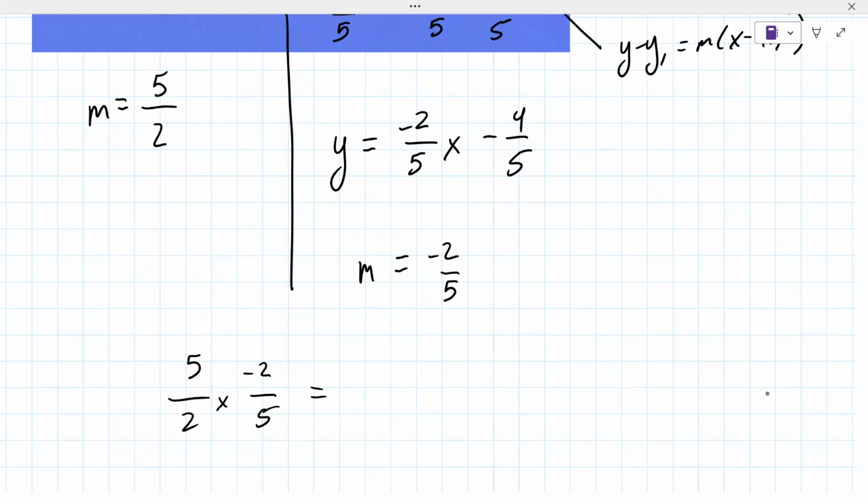Let's see. So these would be perpendicular.